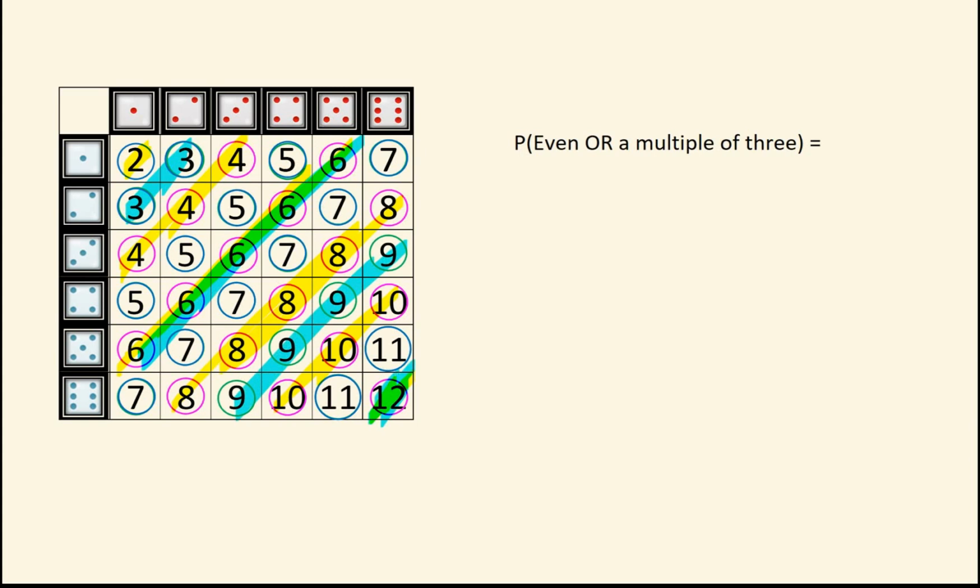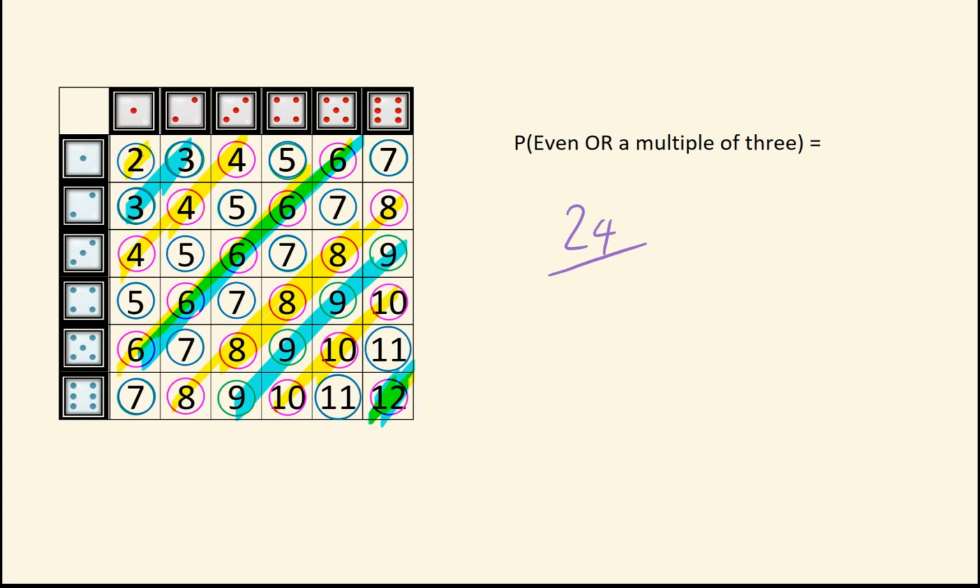We can now work out how many ways we can get an even number or a multiple of 3. Counting those, we've got 1, 2, 3, 4, 5, 6, 11, 16, 20, 24. So there are 24 ways to get an even or multiple of 3. We want to know what it's out of.